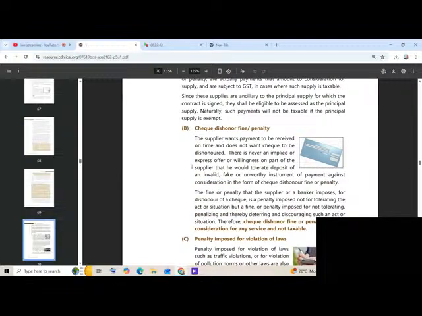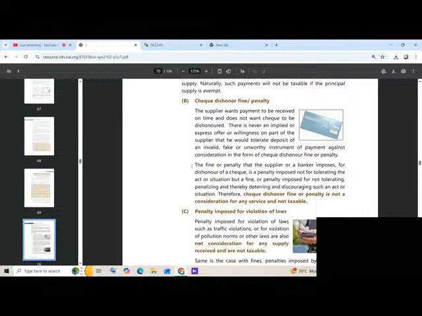Check dishonor fine or penalty. The supplier wants payment to be received on time and does not want the check to be dishonored. There is never an implied or express offer or willingness on part of the supplier that he would tolerate deposit of an invalid, fake, or unworthy instrument of payment against consideration in the form of check dishonor fine or penalty.